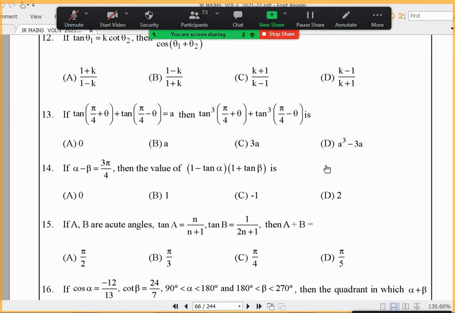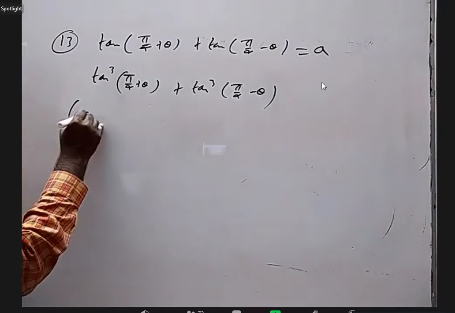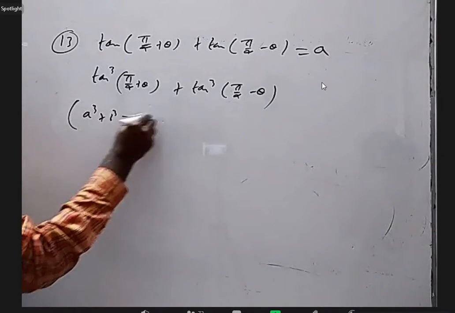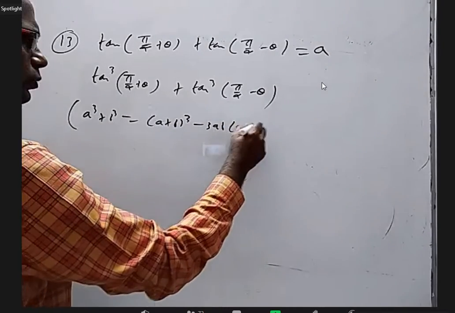Okay. Tan cube pi by 4 plus theta plus tan cube pi by 4 minus theta. It can be in the form of a cube plus b cube. A cube plus b cube, I'm going to write a plus b whole cube minus 3ab into a plus b.